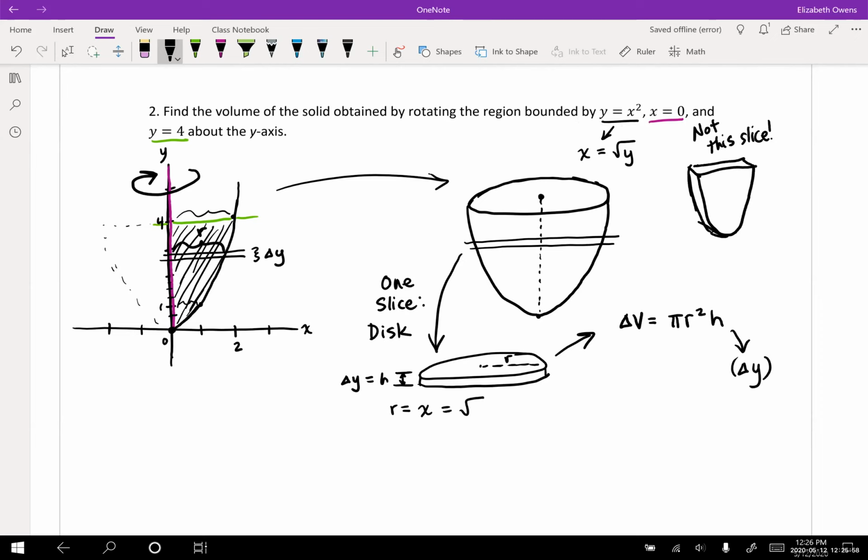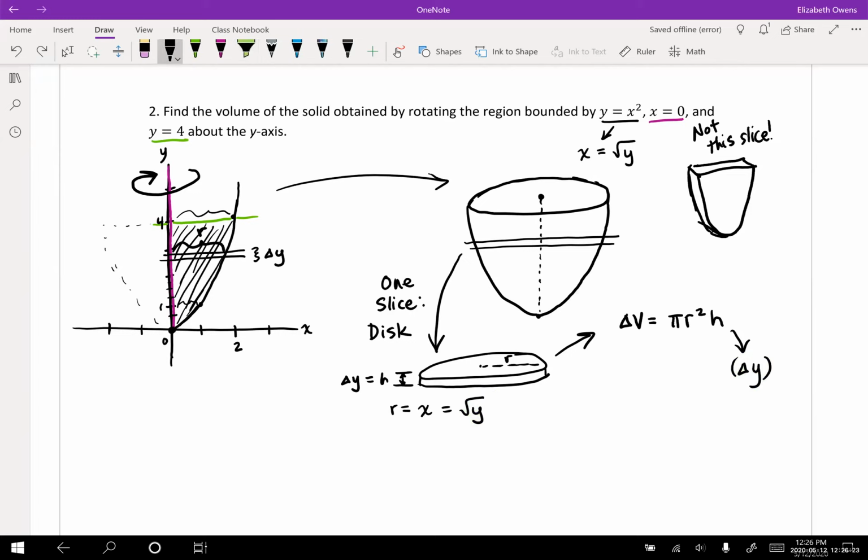So that's actually what we're going to want to use, because notice how our variable here is going to be y, since we're doing things with respect to y. So we're going to need that radius equation in terms of the variable y as well.